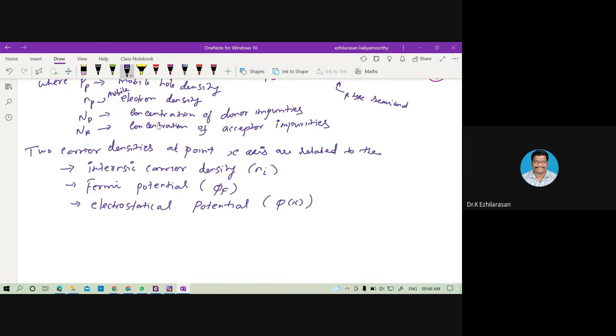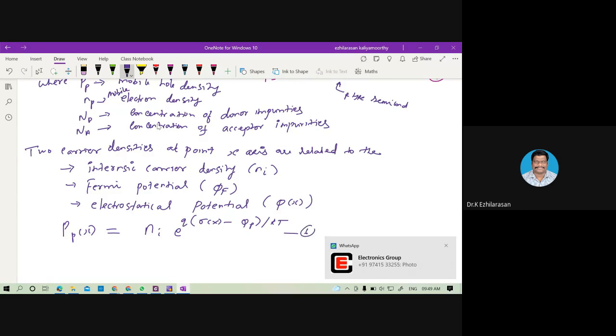now by calculating, or let us consider, here we are taking the point of intrinsic carrier density. So let us take the expression: p_p of x, with respect to the x-axis, will be equal to Ni into e to the power q times phi of x minus phi F divided by kT.